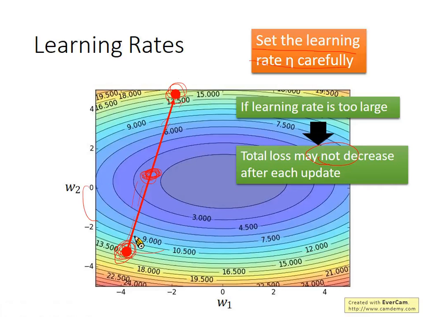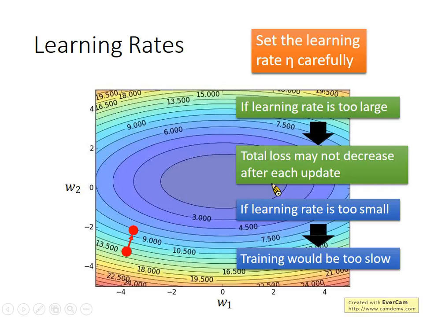Although we move toward the correct direction, we move too much. The original loss may be 13.5, but if we move like this, the loss would be 15.